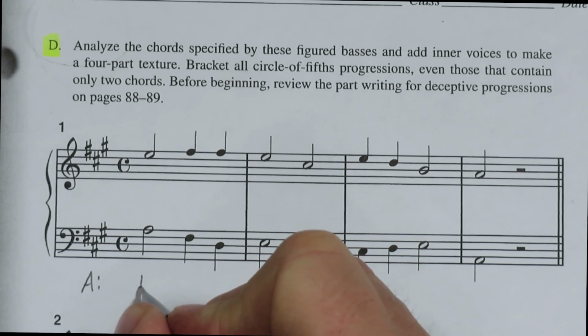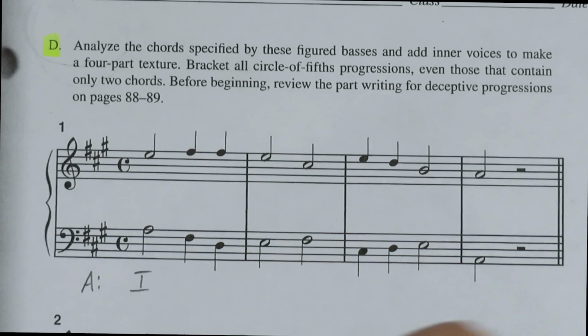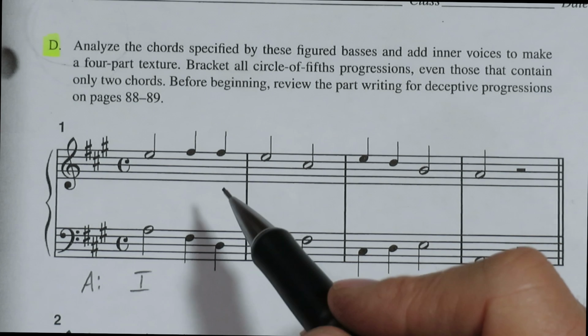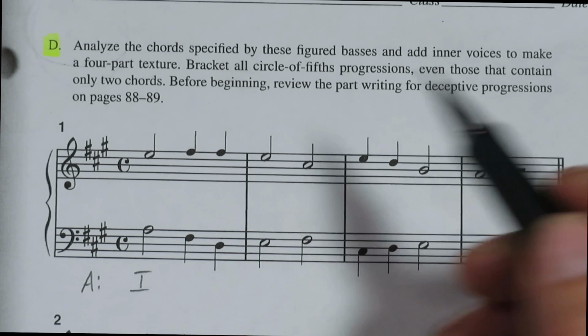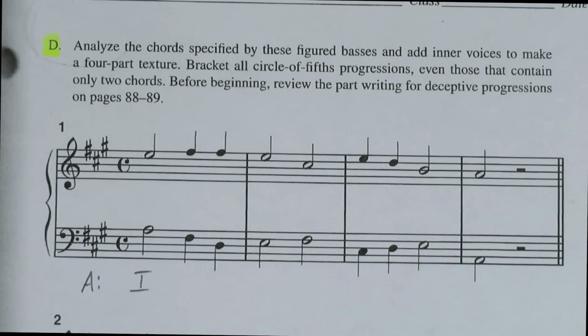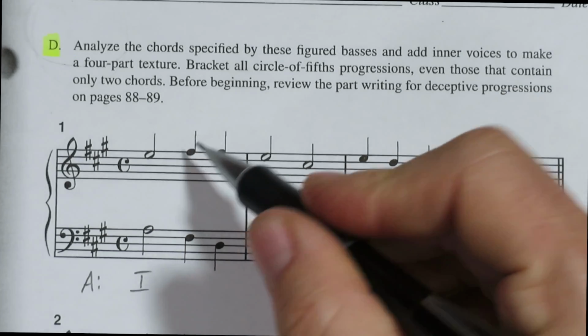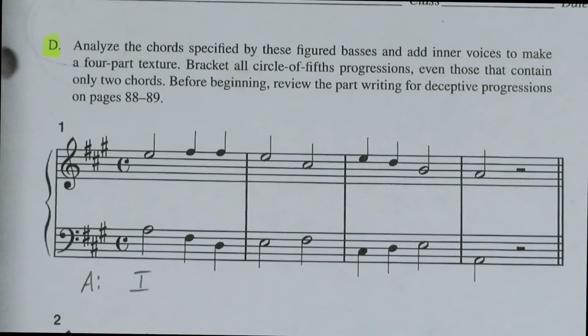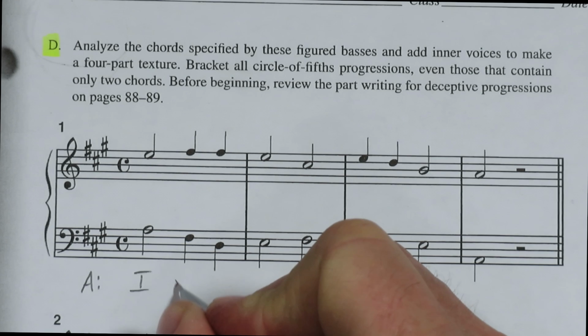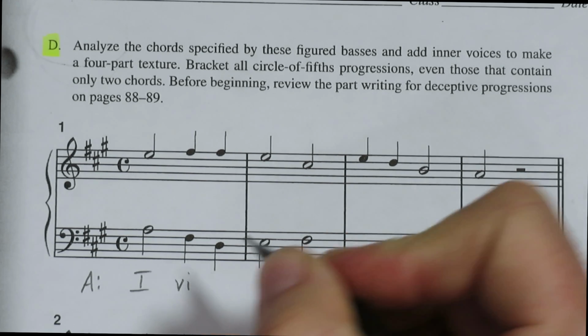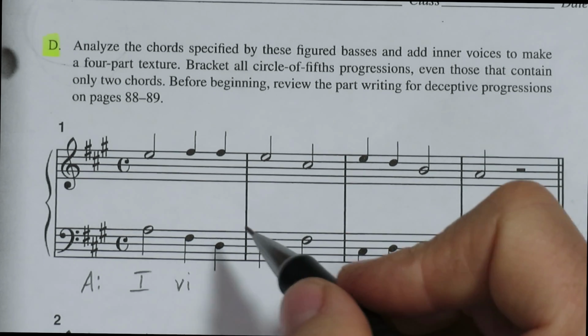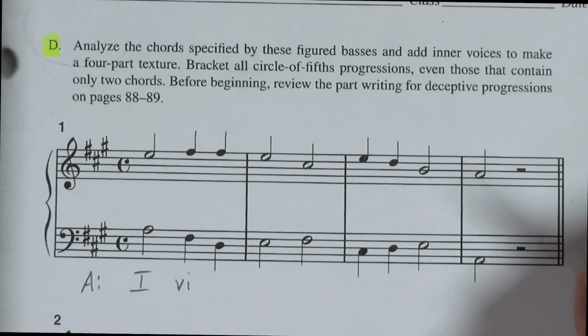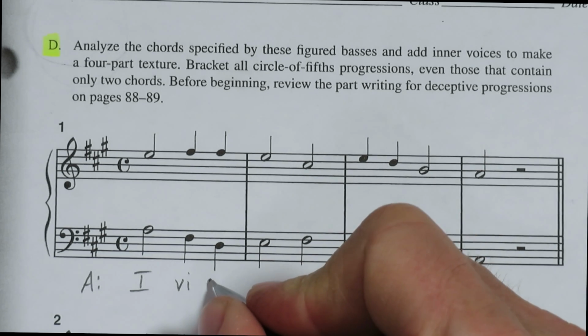Alright, and we know this is a 1 chord. Now here we have an F sharp and an A. Oh, I'm sorry. We have an F sharp and an F sharp. Okay, so that's like a doubled root of the 6th chord, the minor 6. Okay. Here we have a D and an F sharp. That's almost a D major.